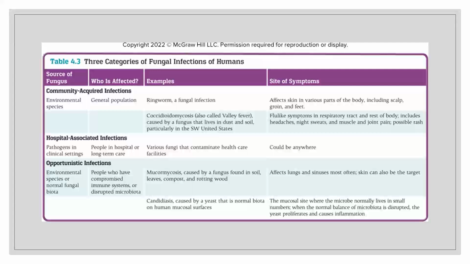Hospital-associated infections or nosocomial infections are pathogens associated with the clinical environment. And these ones have a wide swath of different kinds, basically various fungi that will contaminate healthcare facilities. Finally, we have our opportunistic infections, and these would be ones that would normally not hurt humans, but they will bother you if you are immunocompromised or already sick from something else.